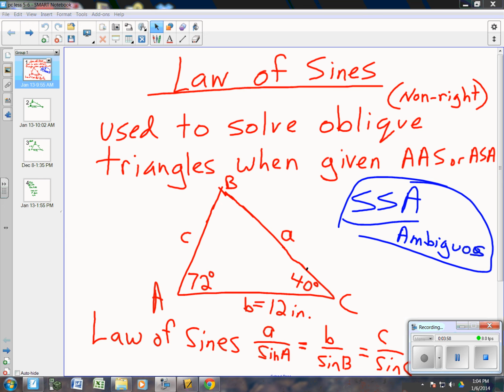Well, that was only to derive the formula for the law of sines. That's a good question.